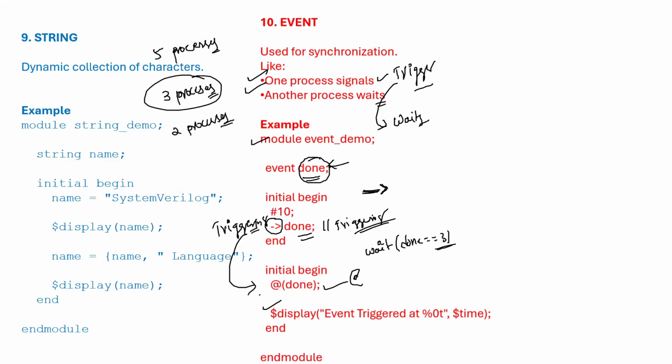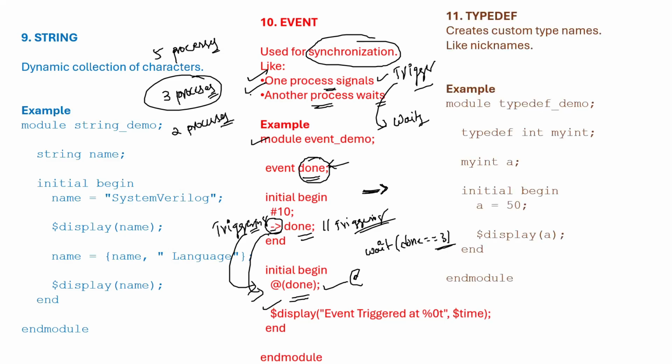When the event is executing, it is waiting for the triggering, and whenever it is triggered, it will execute. That is the reason we are using the event here. So event is generally used for synchronizing purposes. One process is executed and the other process will be in waiting state. That is the purpose for which we go for event.